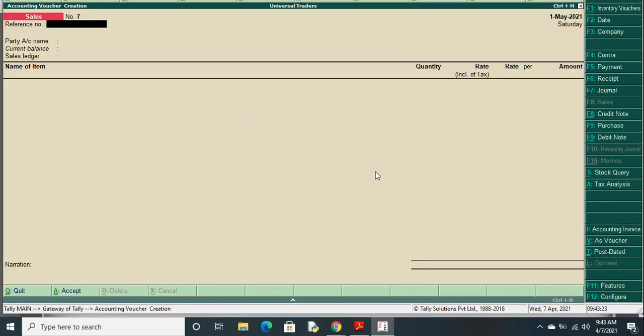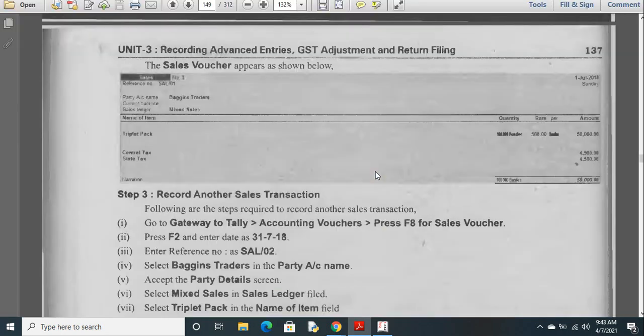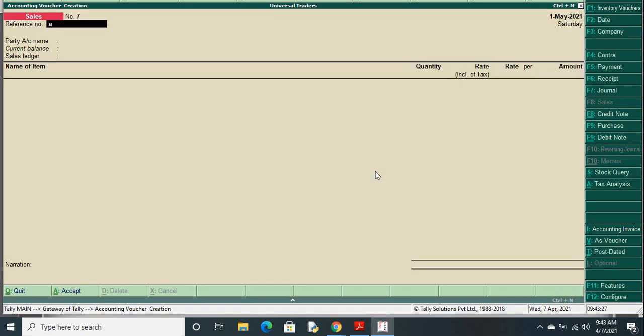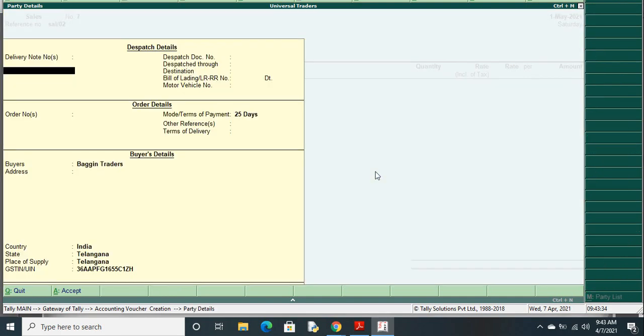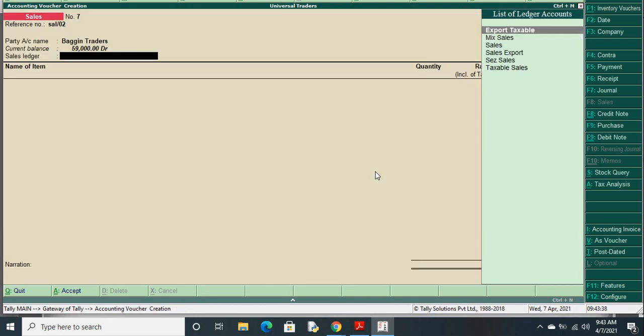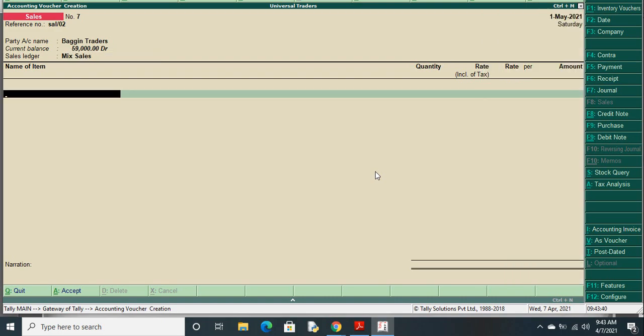Next, the same we have to go with one more, SAL02, Bag-in Traders, mixed sale.